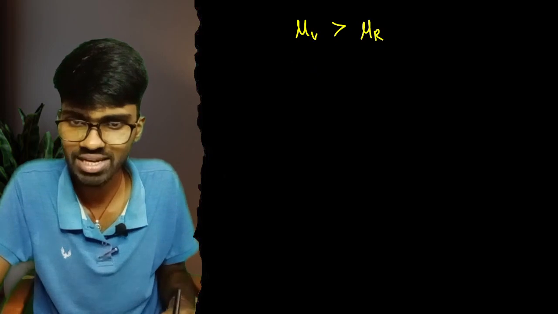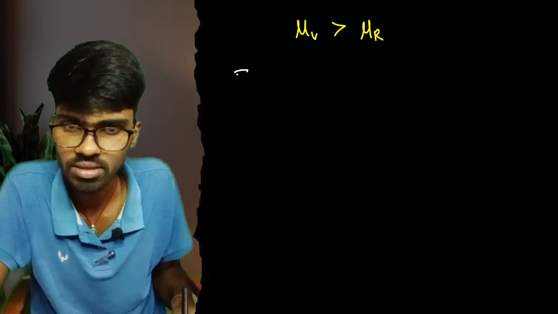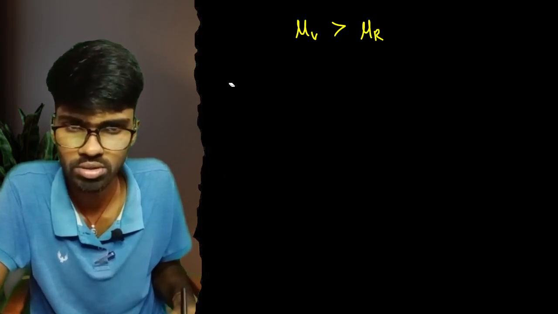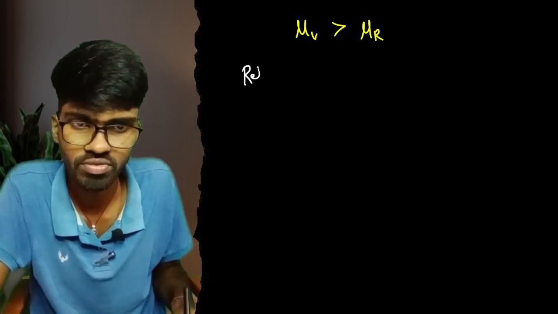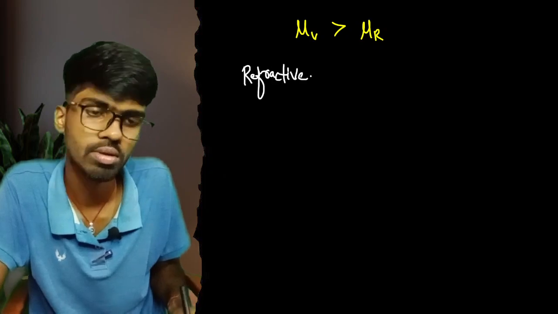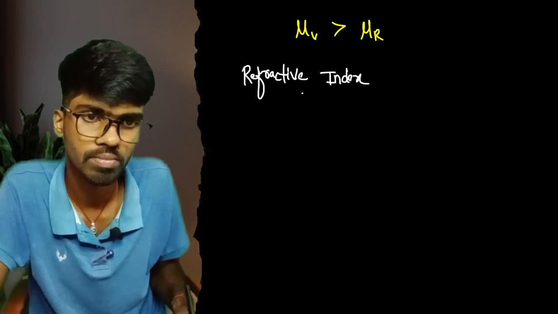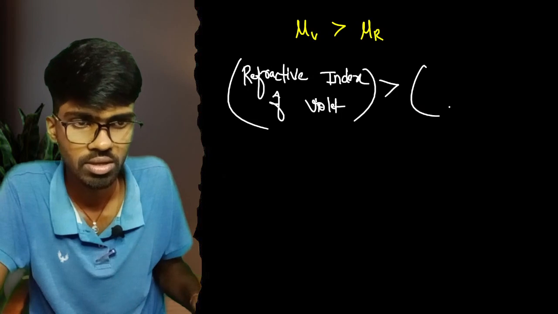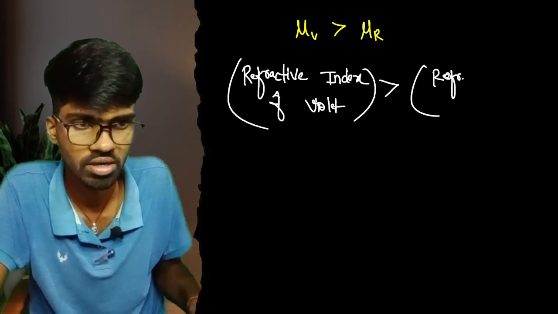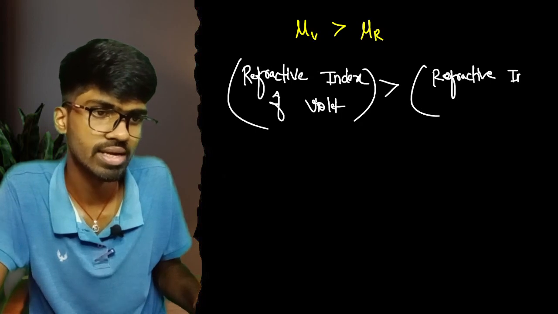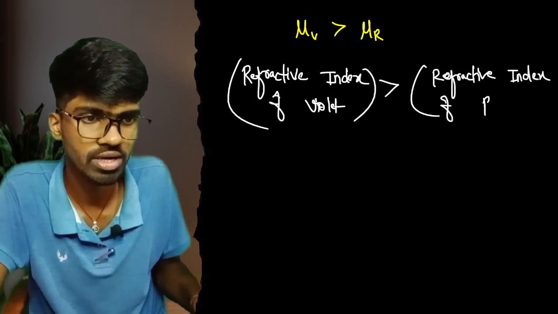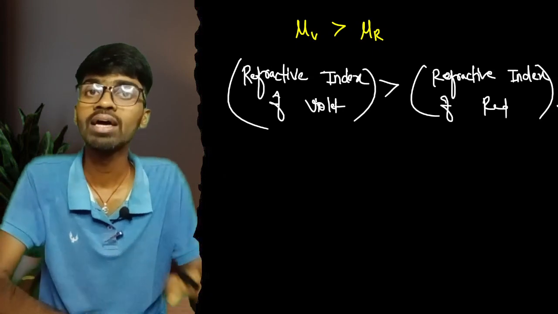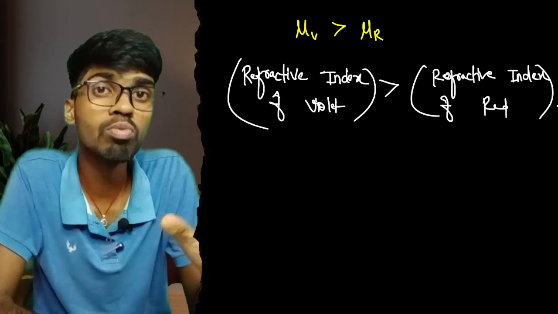So now what we can conclude from this point is that the refractive index of violet is more than the refractive index of red. So what does it mean if a medium has more refractive index?